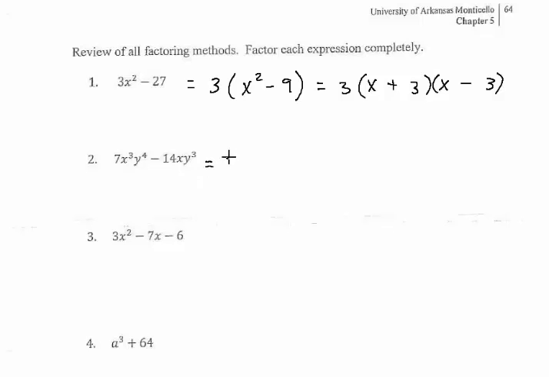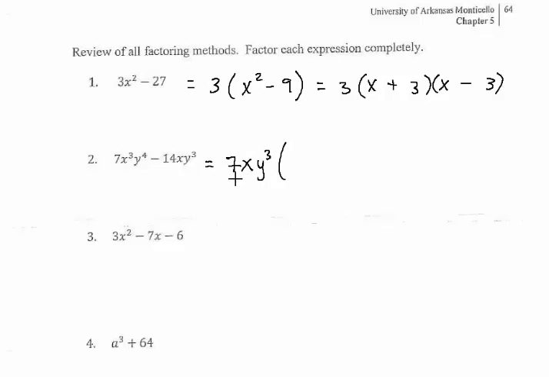The next one, we can factor out a 7, an x, and a y to the third. If you compare the terms, 1 is the smallest exponent of the x variables, 3 is the smallest exponent of the y variable, and the biggest number that divides 7 and 14 is 7.